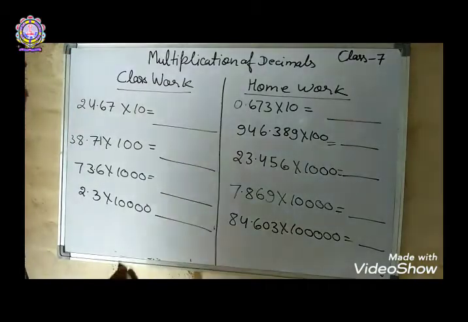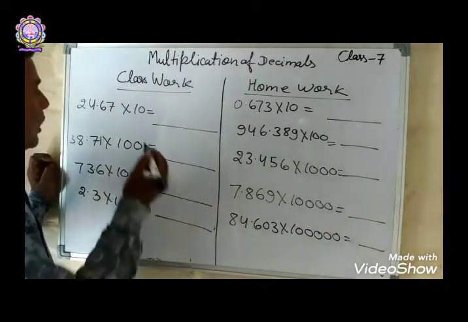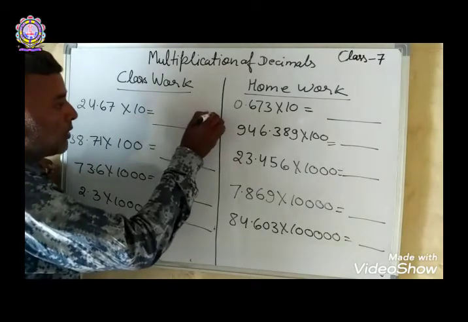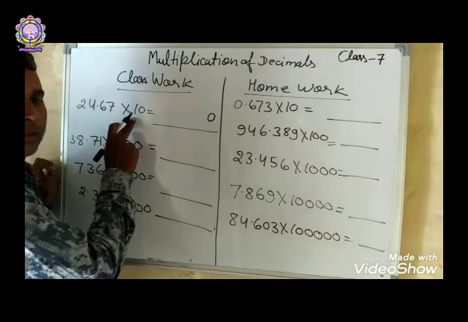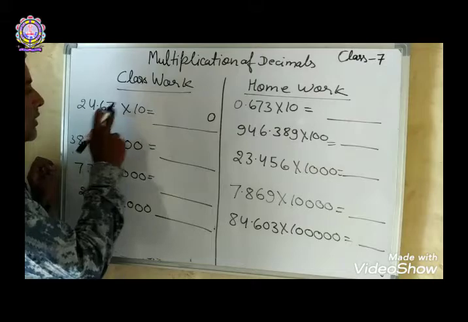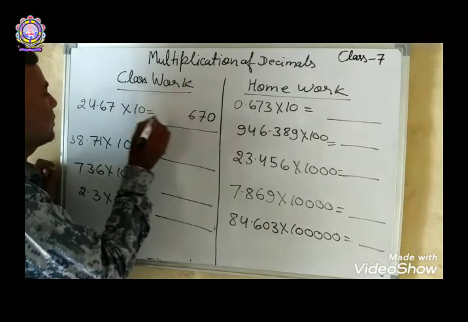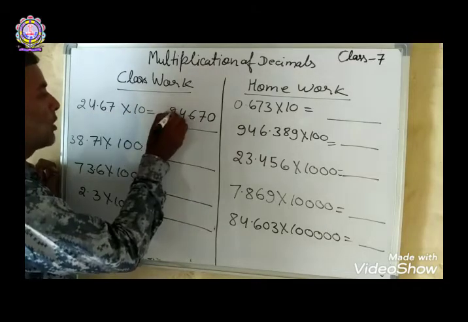Observe it. First we multiply in a very simple way. How many zeros here? One zero. So write 1 0. What is remaining? Here 1. So multiply: 1 7 is 7, 1 6 is 6, 1 4 is 4, and 1 2 is 2.